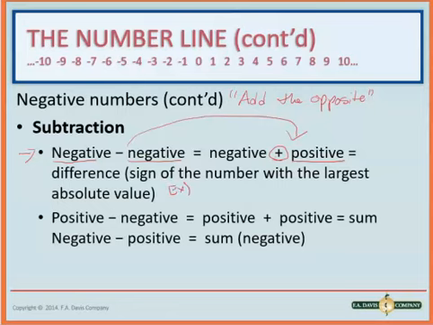Okay, so let's look at an example of that. Our example would be a negative 1 minus a negative 9. So here we have two negative numbers we want to subtract. Well, if we're going to use the rule of add the opposite, how can we change that calculation? Well, our 1 is going to stay the same.